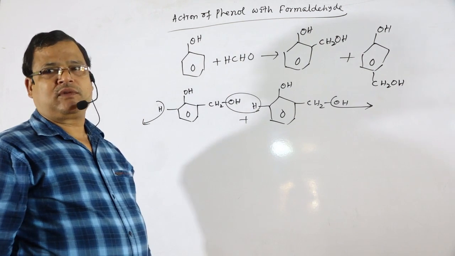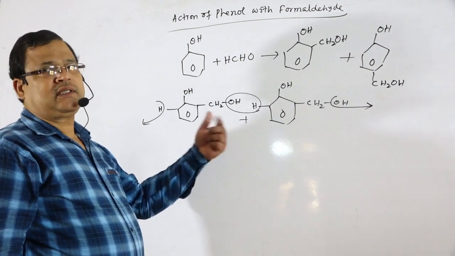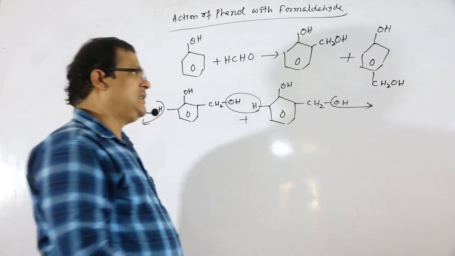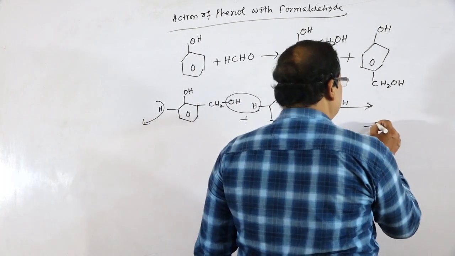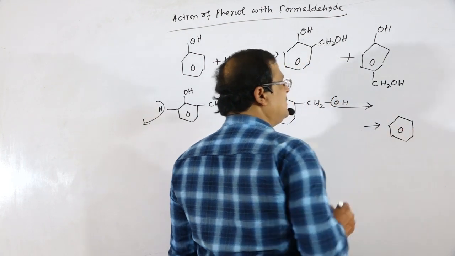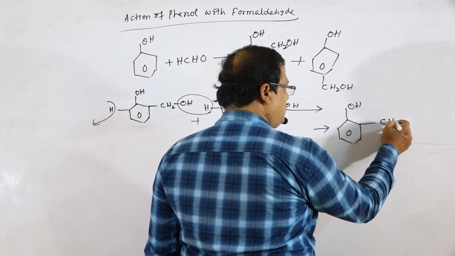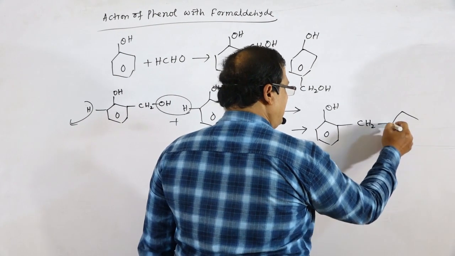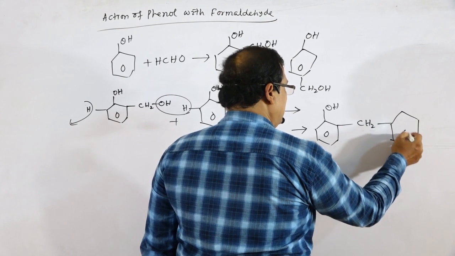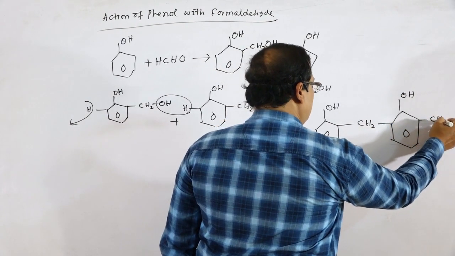Then what will be formed? How does this ortho product combine to form linear bakelite? There is the formation of a benzene ring attached with OH, bond CH2, OH, that is CH2.